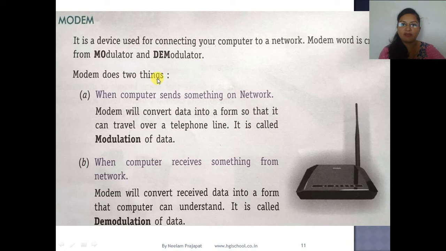So modem does two things. When the computer sends something on the network, the modem converts that computer data, which is in digital form, into analog signals so that it can travel over the telephone line.